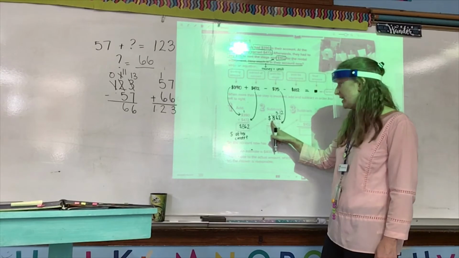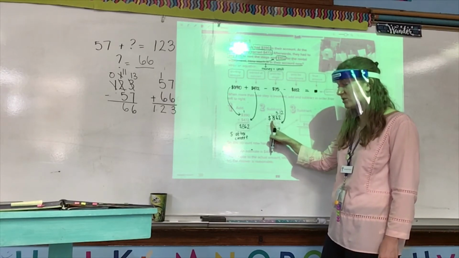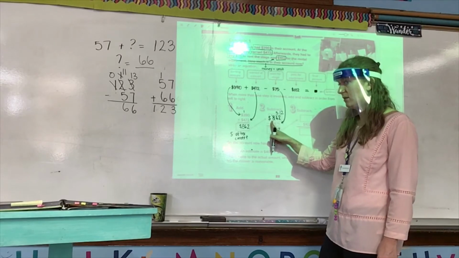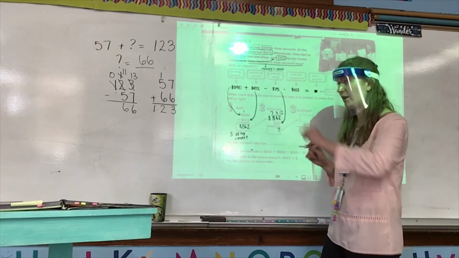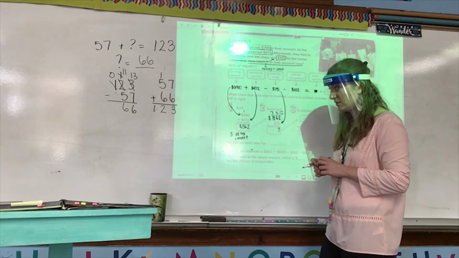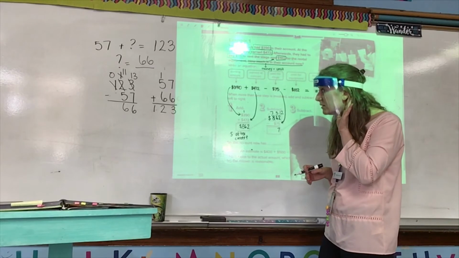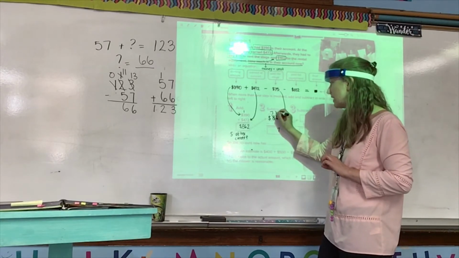I had 8 hundreds. I took 1. How many hundreds do I have left? 7. I turn that 100 into how many of what? I had 5. I'm adding 10 more 10s.